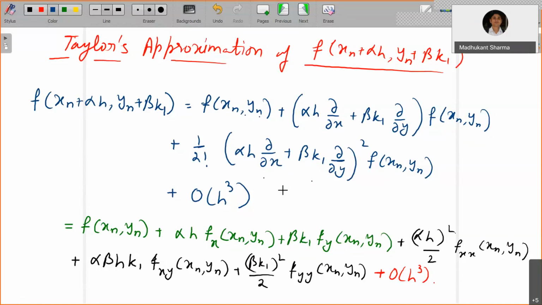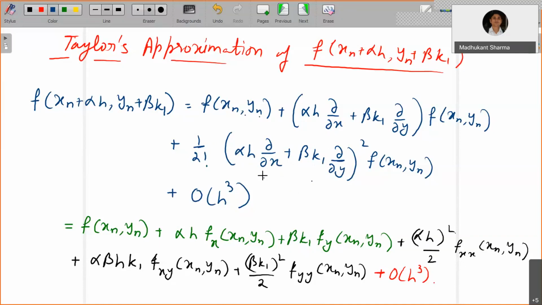So we get (alpha h) whole square ∂²/∂x² plus beta square k1 square ∂²/∂y² plus 2 times alpha h into beta k1 ∂²/∂x∂y. If you multiply by 1 by 2 inside, you get (alpha h) whole square by 2 fxx at xn comma yn, plus the 2 cancels, alpha times beta times h times k1 fxy at xn comma yn.